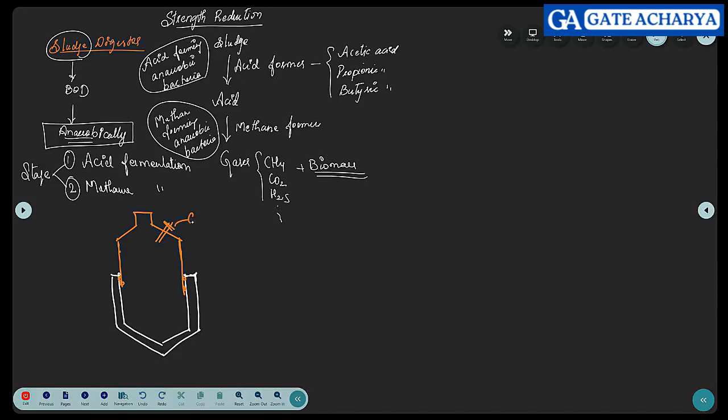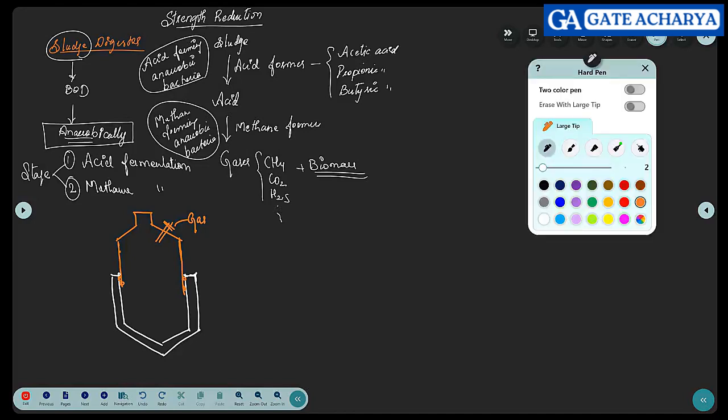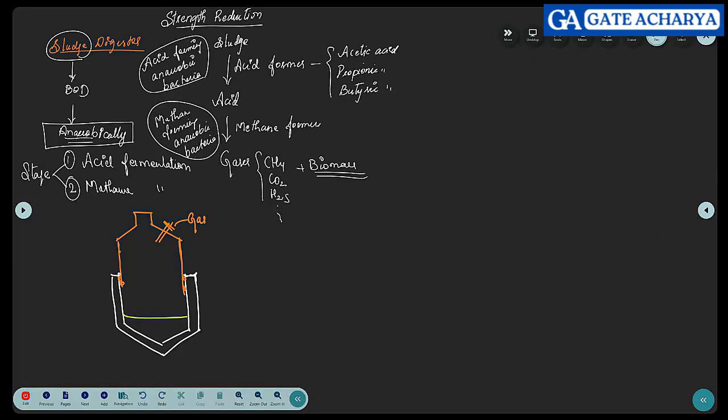From here, the gases are delivered. There are three layers of sludge. Layer 1, layer 2, layer 3.